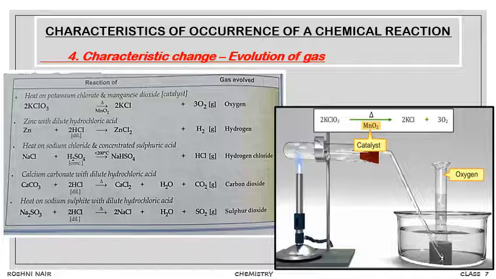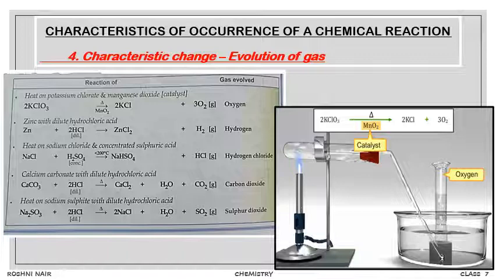Now let us see the first one. K is potassium, Cl is chlorine, O is oxygen. So what is the first reaction? When you heat potassium chlorate, KClO3, potassium chlorate, when you heat.